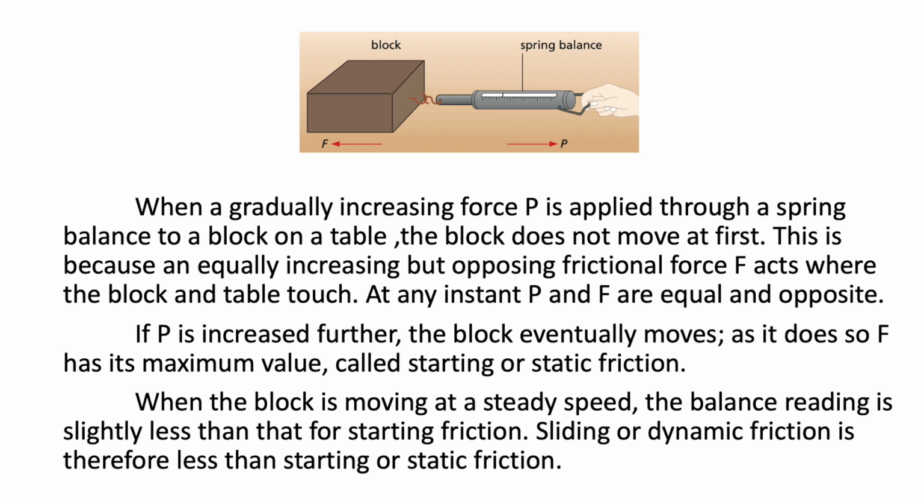If P is increased further, the block eventually moves. As it does so, F has its maximum value called the starting or static friction. When the block is moving at a steady speed, the balance reading is slightly less than that for starting friction. Sliding or dynamic friction is therefore less than starting or static friction.